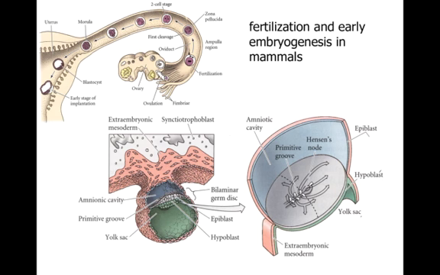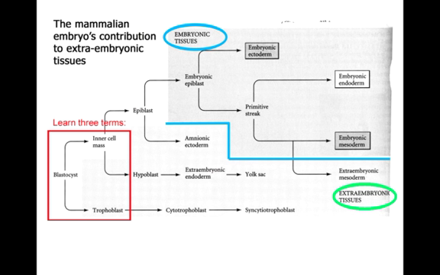And so we'll go back to that. I just have this figure from a different book, and it says, let's learn 3 terms from early mammalian development. These are new terms: inner cell mass, trophoblast, and blastocyst.